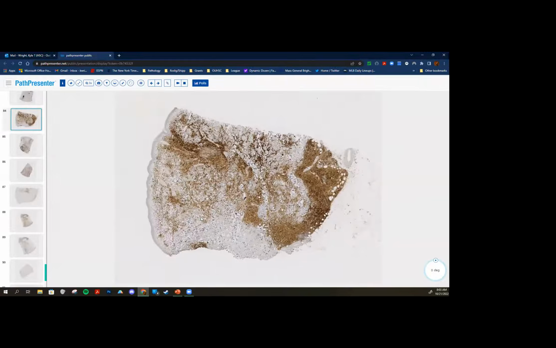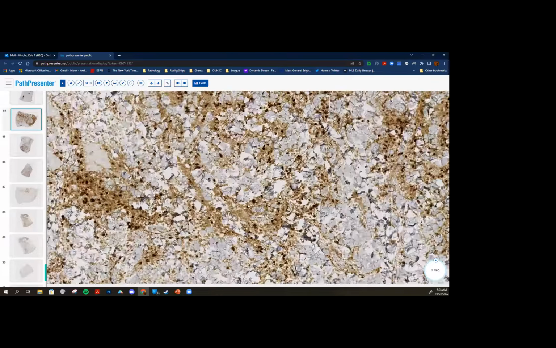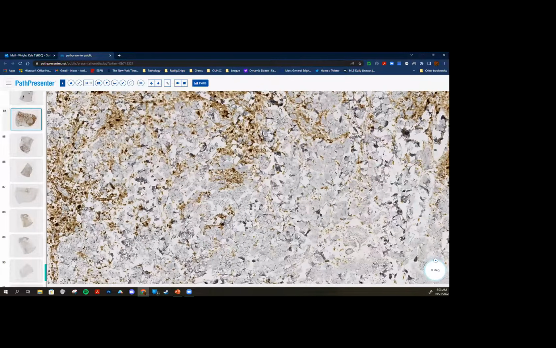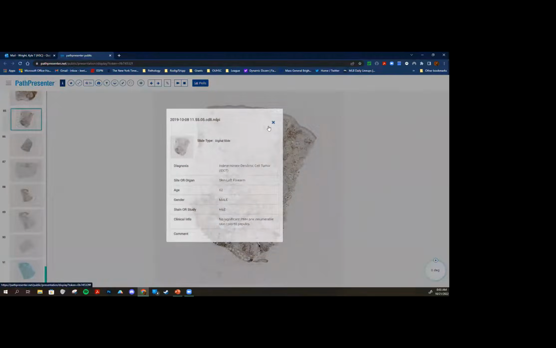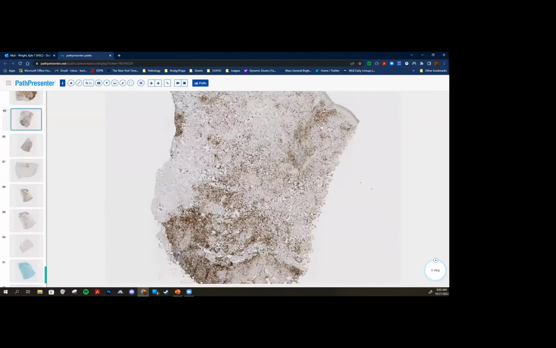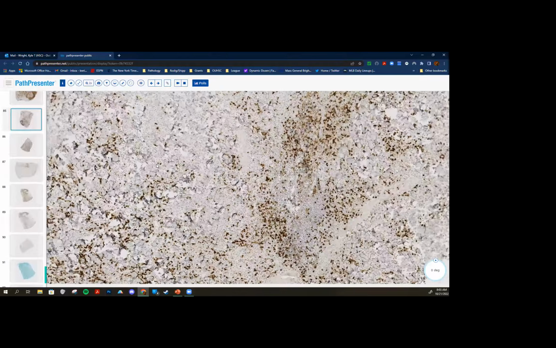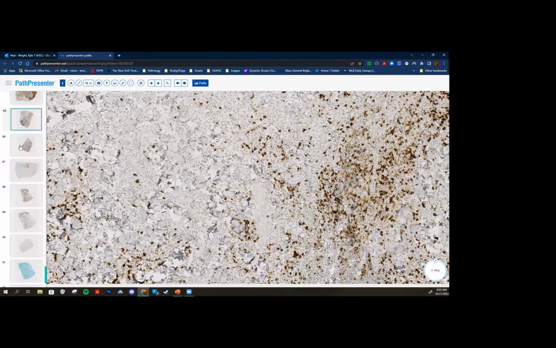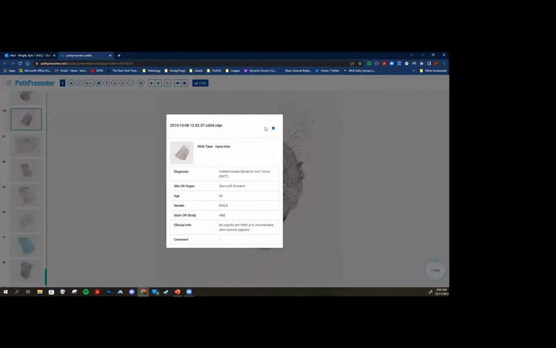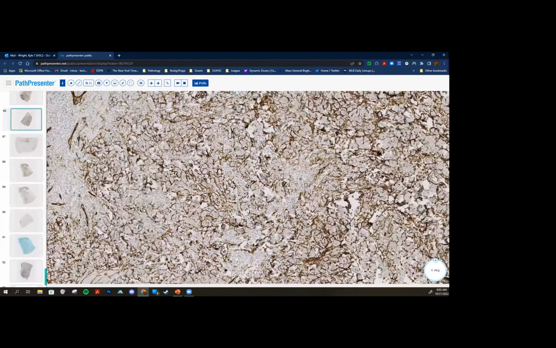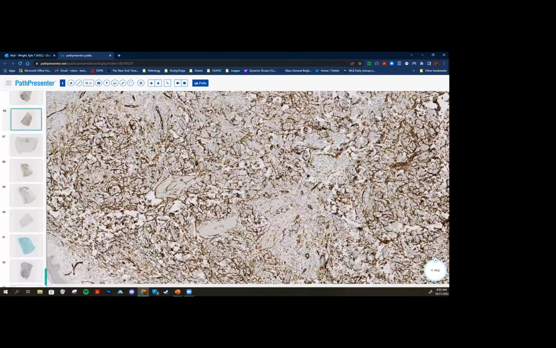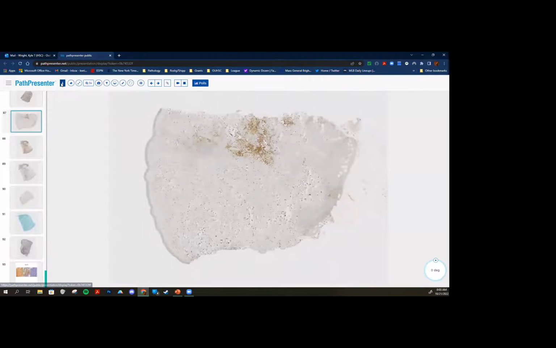CD4, there's some CD4 positivity, maybe small subset, but by and large, mostly getting the T cells, but maybe subset positive. CD8, we see some CD8 T cells again, but the lesional cells, mostly negative. CD34, negative, highlighting vessels and compressed vessels. This is a CD56, negative.